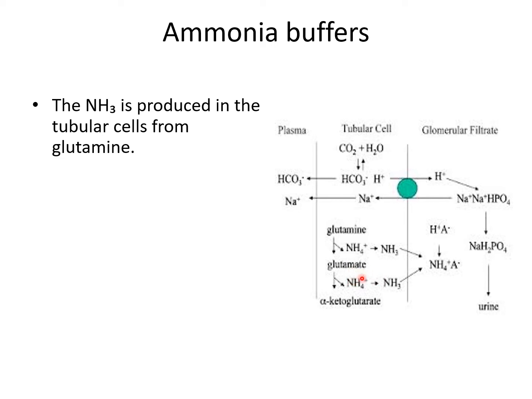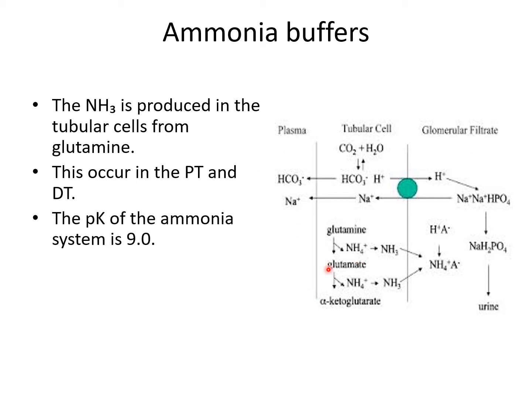Another enzyme, glutamic dehydrogenase, catalyzes the conversion of glutamate to alpha-ketoglutarate with production of more NH4+. And subsequent metabolism of alpha-ketoglutarate produces bicarbonate ions. And this occurs both in the proximal tubules as well as in the distal tubules.